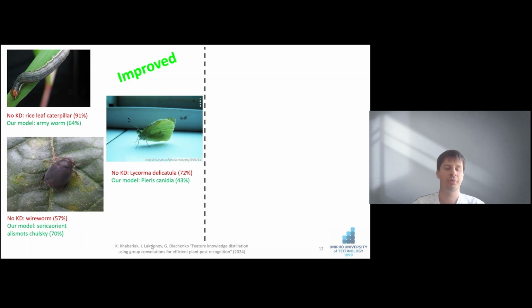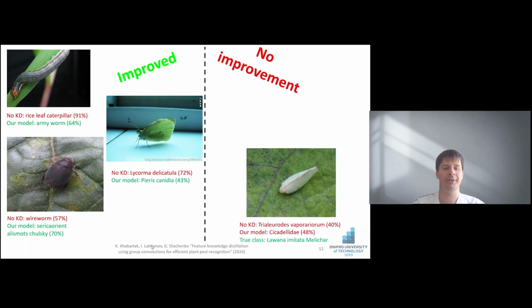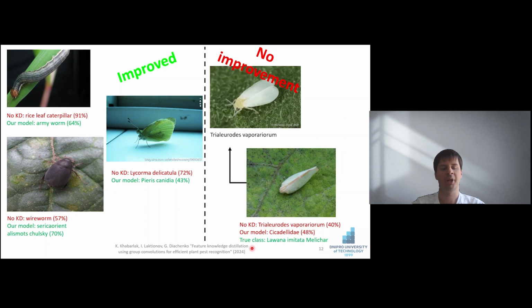There are certain cases where no improvement is observed. For instance, for this illustration, the correct class is Lavana imitata millicar, and both models are mistaken, and interestingly, they show different classes. So let's take a look whether those classes are similar in any way to this illustration.